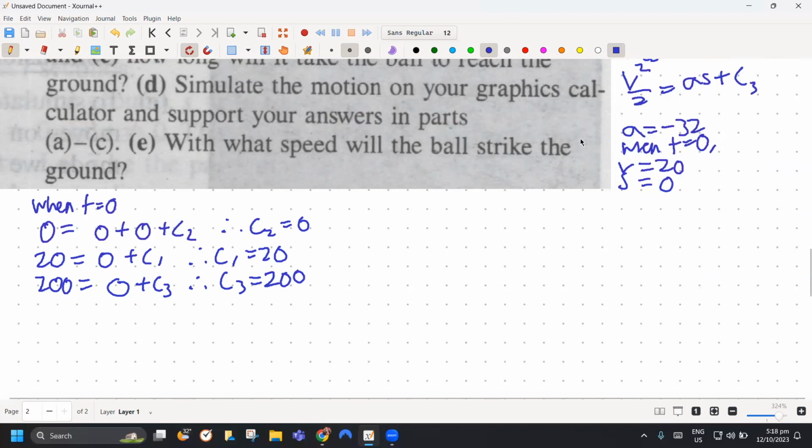And then v in terms of t is negative 32t plus 20, and v squared over 2 is equal to negative 32 times s plus 200.